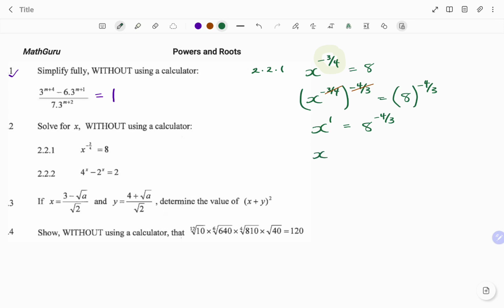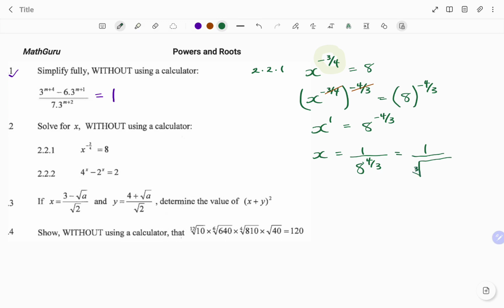So I start by making it positive. That will be 1 over a to the power of 4 over 3. And if I rewrite that using my surd, that will be 1 over, the bottom, which is the denominator 3, will be my root.